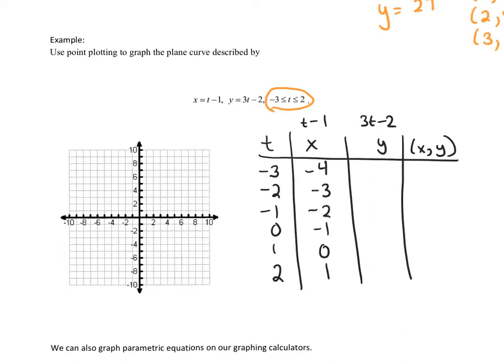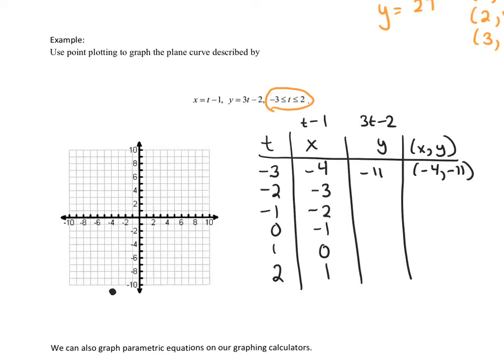So just one less for all my x's. Now my y's, I have to take 3 times that t and subtract 2. So 3 times negative 3 is negative 9. Negative 9 minus 2 is negative 11. So I know my first point is negative 4, negative 11. So I can go ahead and plot that on my graph. It's a solid dot somewhere down here.